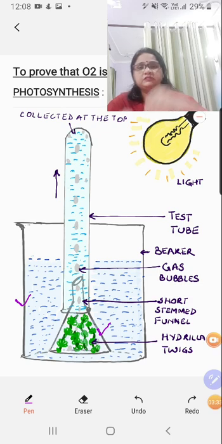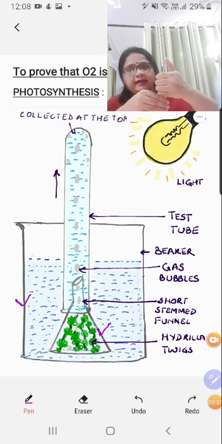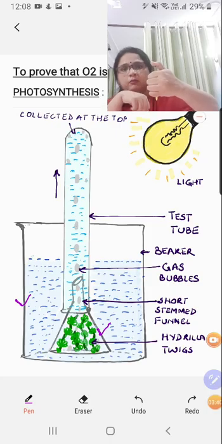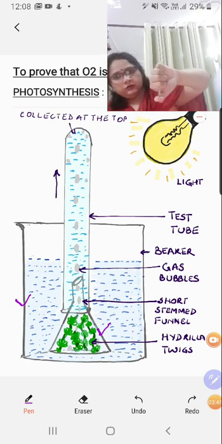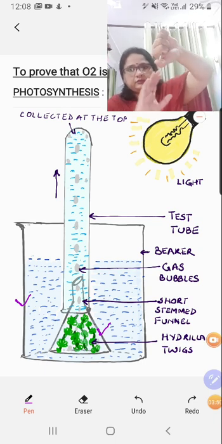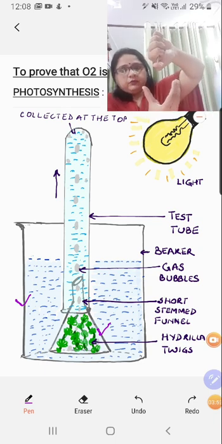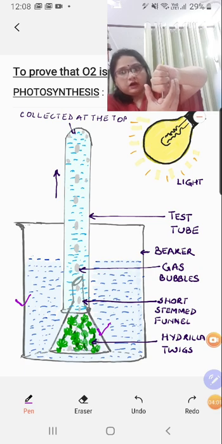You hold it like this and keep a thumb covering the whole mouth of the test tube. Now with your thumb, the whole mouth of the test tube should be covered. You turn it upside down this way, and suppose this is the beaker filled with water, you straight away dip it in the beaker. Make sure that the mouth of the test tube is inside the water and not up, and then you remove your thumb.